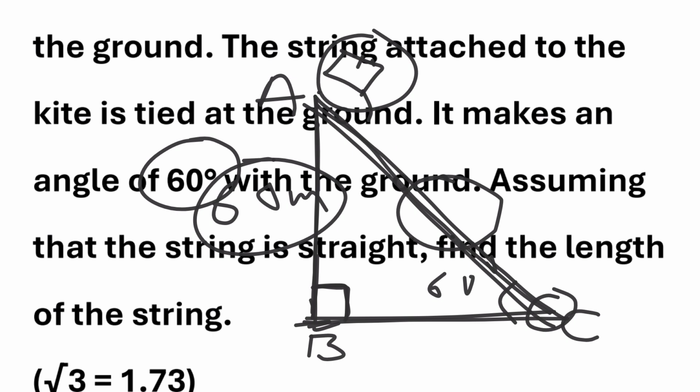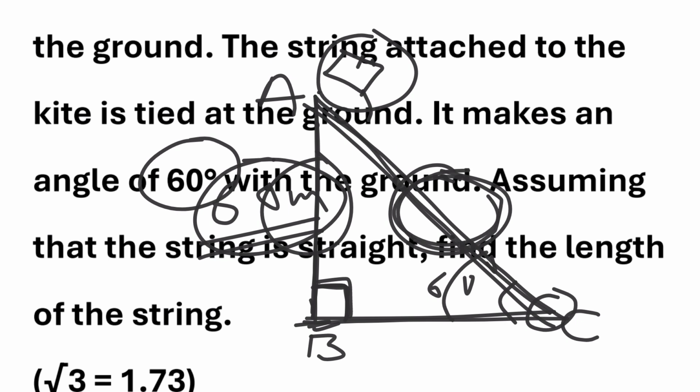Then question is find the length of the string, that is AC. Okay, now we know the value of opposite side of this 60 degree, that is 60 meter, and we want to find this hypotenuse because this is right angle triangle. So find hypotenuse. For this we use trigonometric ratio sin 60 degree, that is opposite side upon hypotenuse.